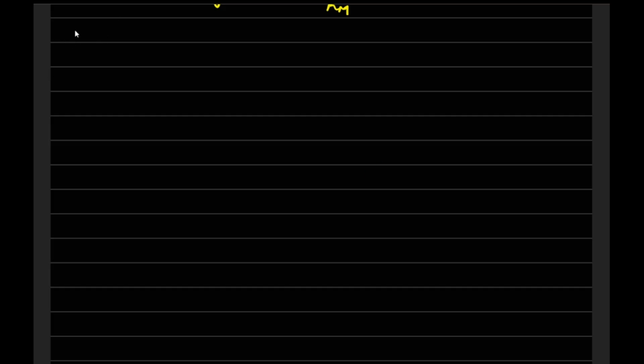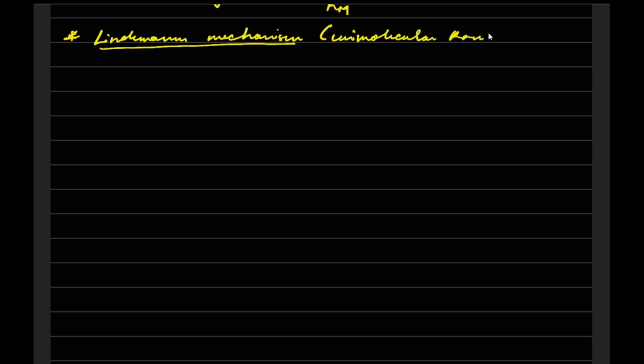Okay. So now we'll go to the mechanism of a unimolecular reaction. This is also a very important subject. In this, we have a unimolecular reaction which is reacting with itself.